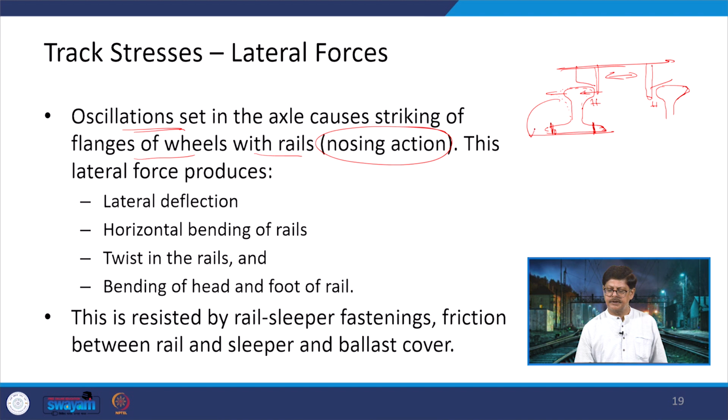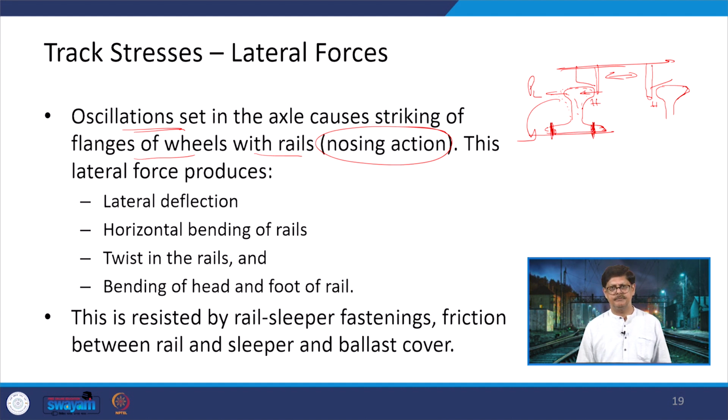Because of this, the bending action will be there. The twist in the rails can also be caused. So, there is a bit of deorientation of the rail, and the bending of the head and the foot of the rail, that is another possibility which may happen depending on what the lateral load is, what the value of this is, how big it is, and this is resisted by the rail sleeper fastenings, as I already showed here.